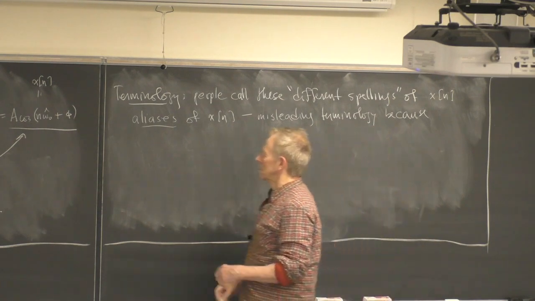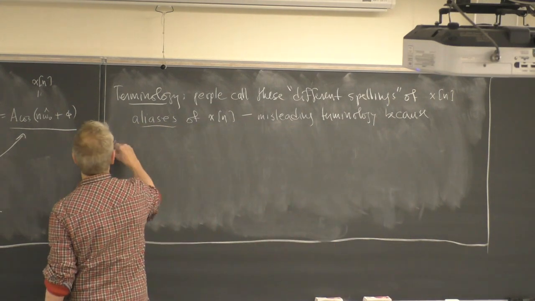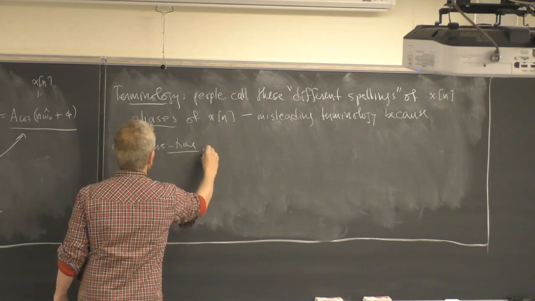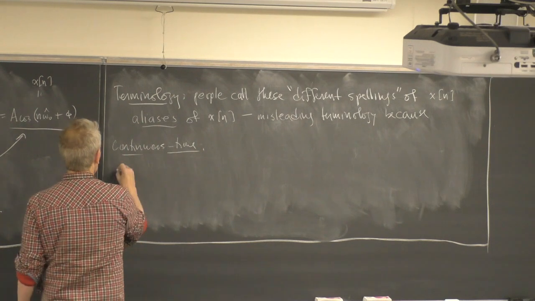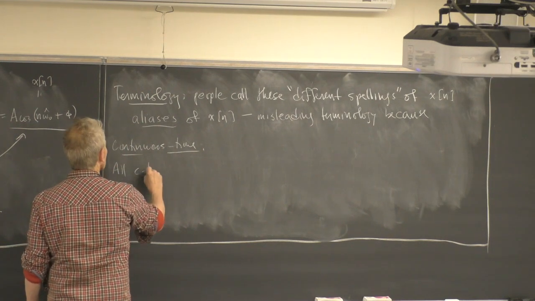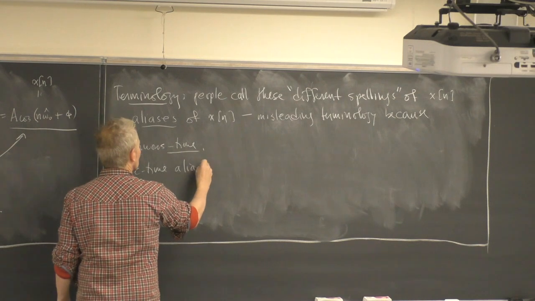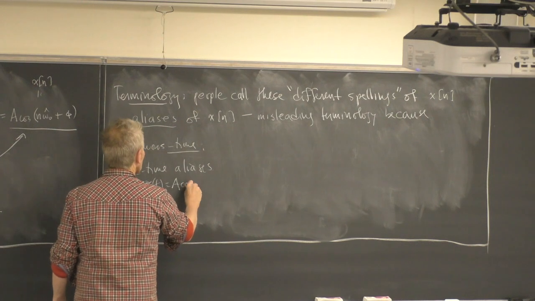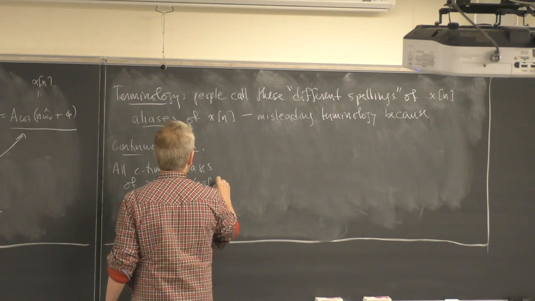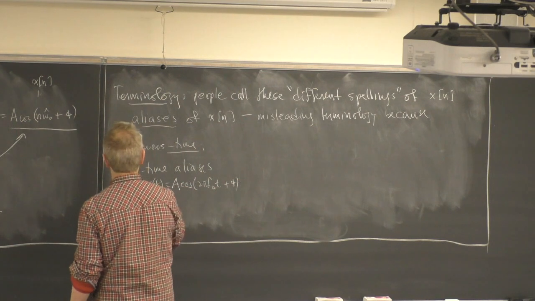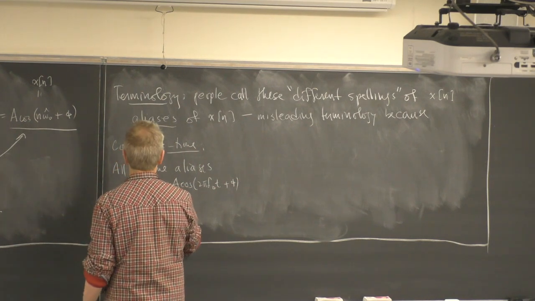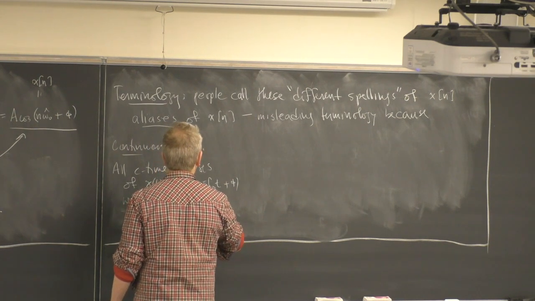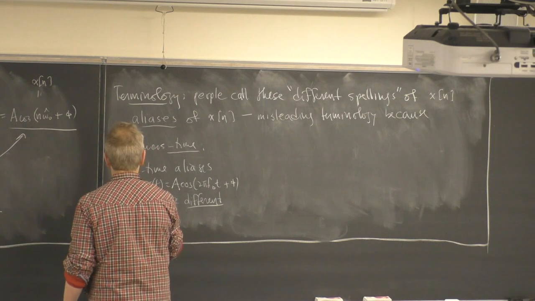why? Because, again, let's do continuous time world. Continuous time, all the continuous time aliases of the signal x of t equals a cos 2 pi f0 t plus phi, with respect to some sampling rate, say f sub s, are different continuous time signals.